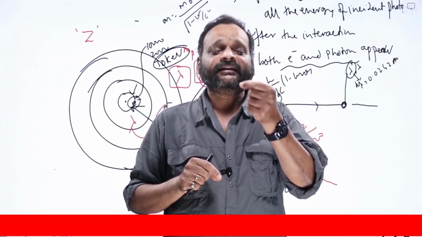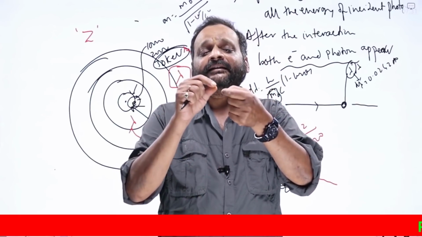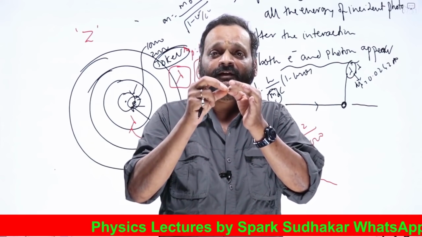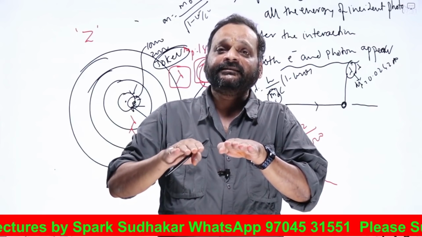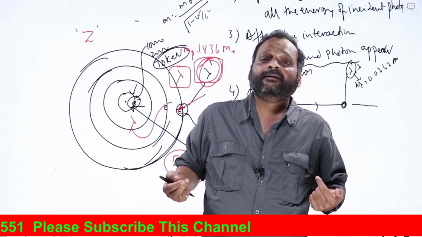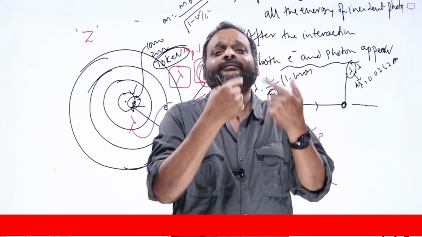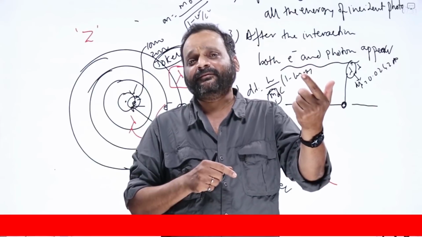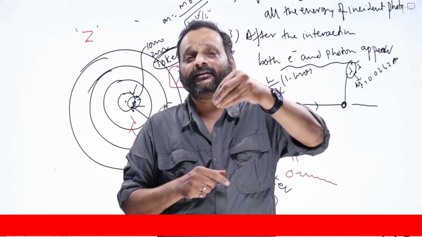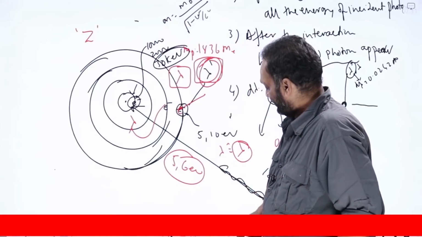As the atomic number Z or atomic mass A of the target element is increased in Compton effect, intensity of the modified line will decrease, intensity of the unmodified line will keep on increasing. But whenever I am doing Compton effect experiment, I want to have more intensity for modified line. Lambda dash should be more in intensity. That's why it is preferable for me to choose target of low atomic weight. That's another point in Compton effect.